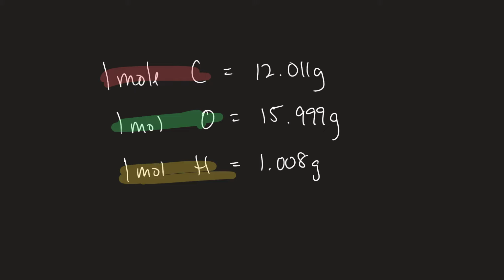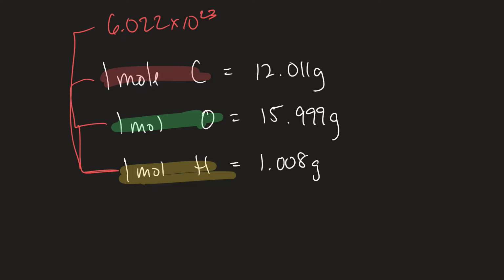And so these numbers, how many atoms I have, are exactly the same, and it's 6.022 times 10 to the 23rd. So do not get confused with that.